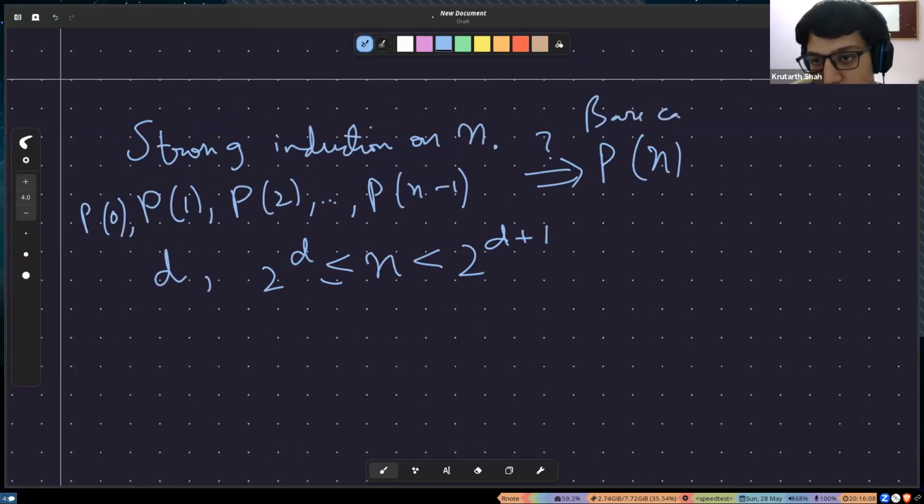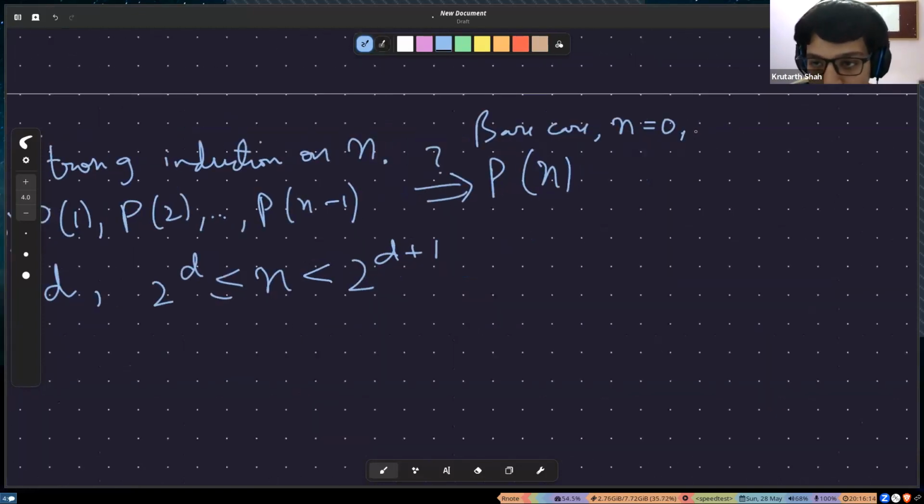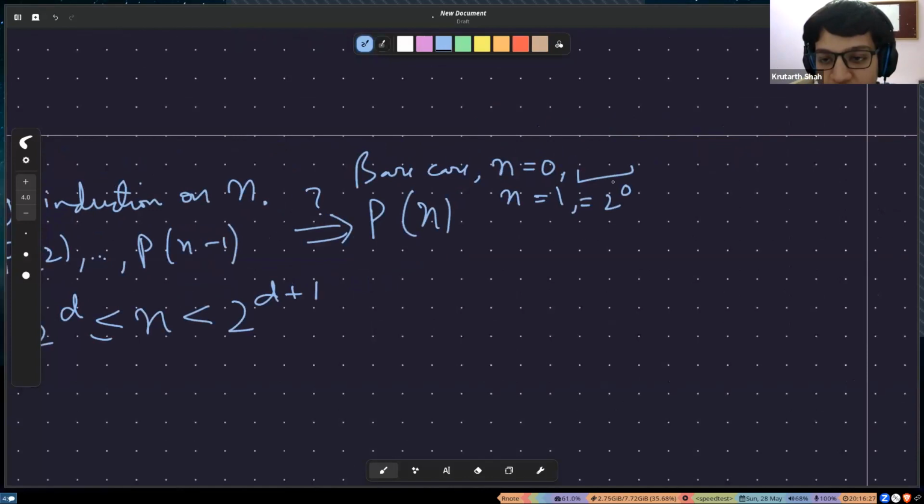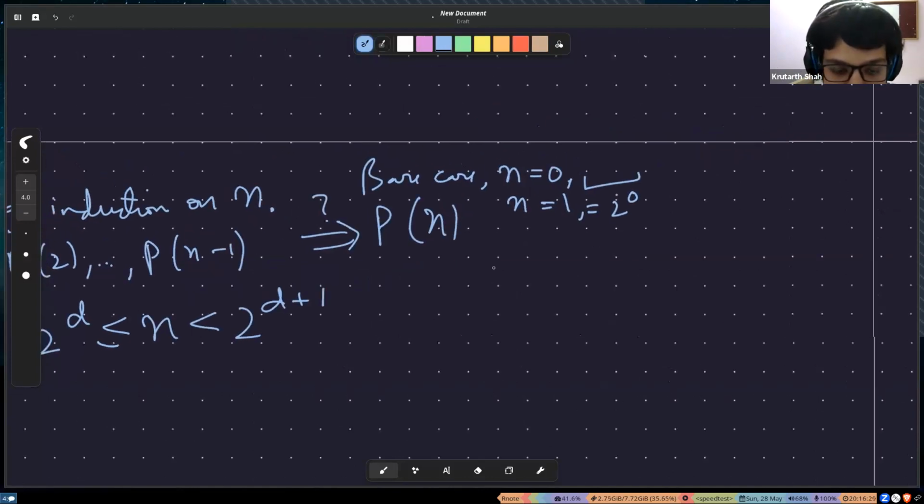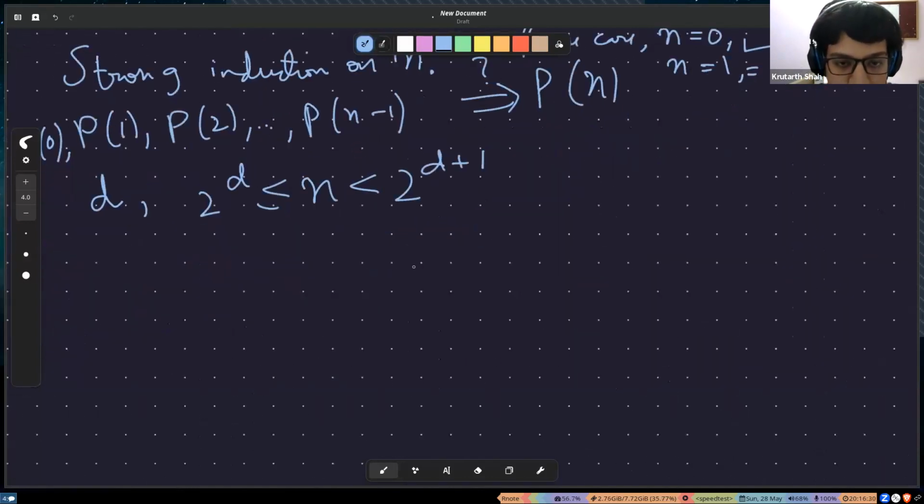And so the base case I'll be taking is just n equals 0. You take no powers of 2, right? Or if you're worried, you can also take n equals 1, where you pick 2 to the power of 0. So you're picking the empty set here, basically.